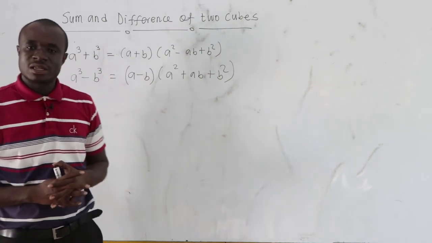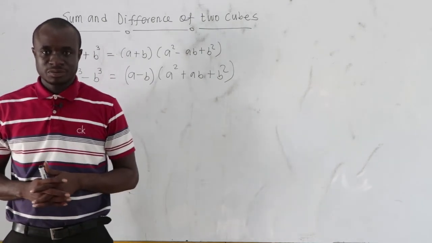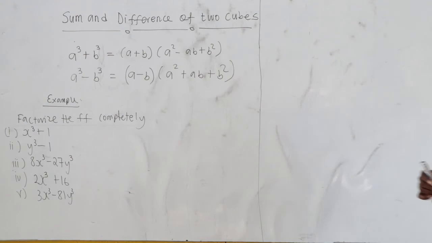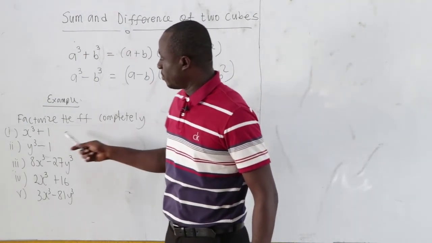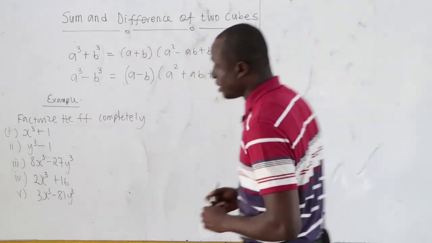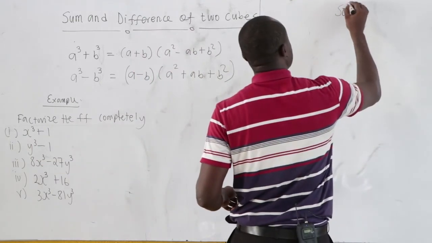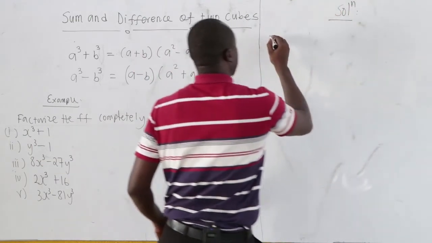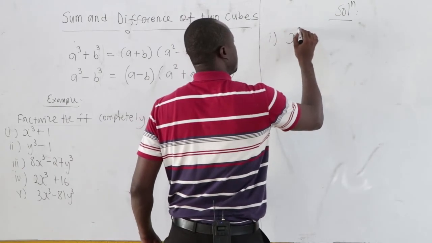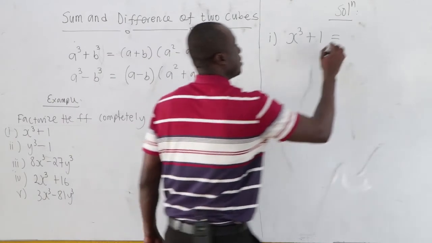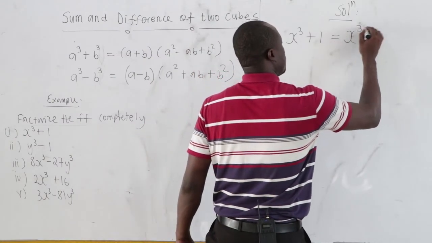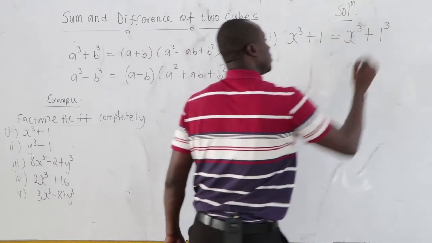Now let's consider some examples. Okay, so let's consider the first example. Factorize the following completely: x cubed plus 1. We can rewrite this as x cubed plus 1 to the power 3.